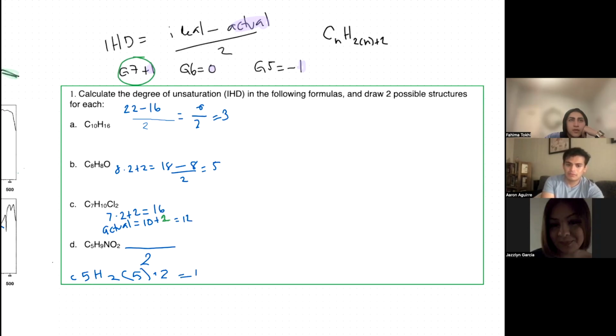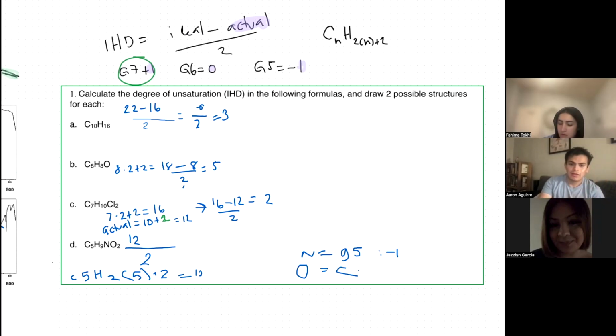Then your actual, don't forget about the group 5 nitrogen. Nitrogen is in group 5, so that gives it a -1. Then your oxygens do nothing.